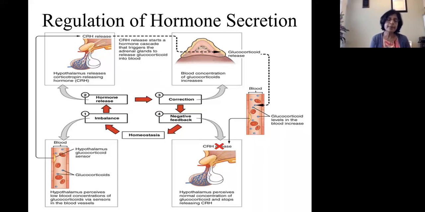Then another positive feedback mechanism is true during the induction of labor. Oxytocin release is regulated in a positive feedback manner until childbirth, labor happens. Okay, so that's feedback mechanism and how hormone secretion is controlled.